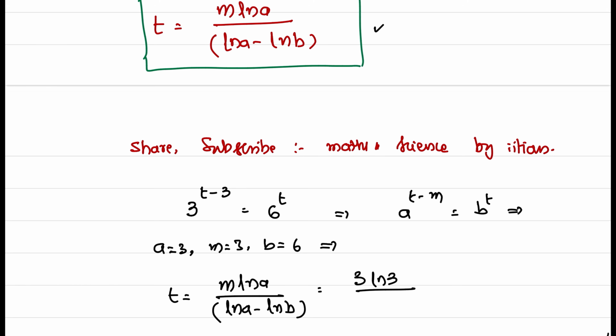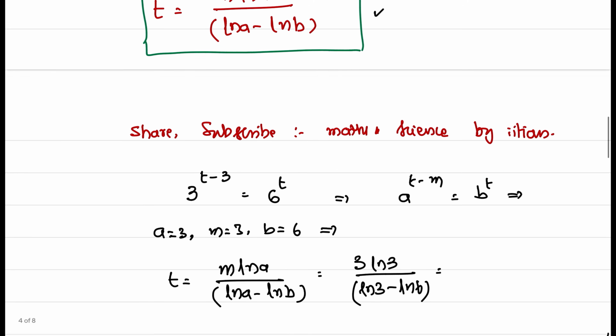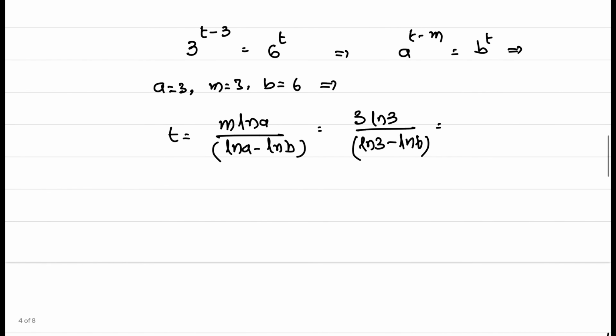So ln 3 divided by ln 3 minus, what is b? ln 6. You simplify it and find out the value of t. You can further simplify.